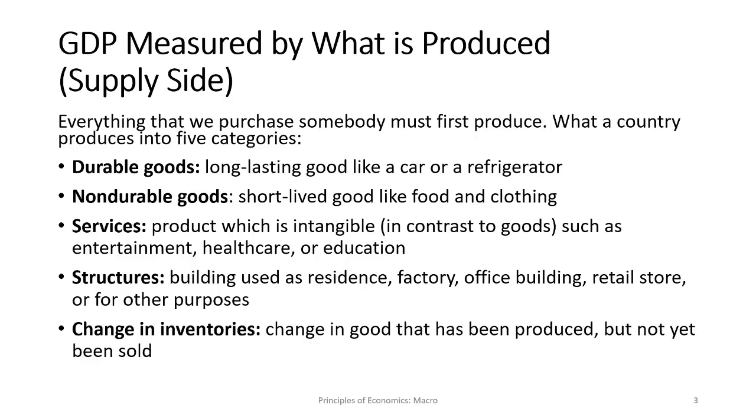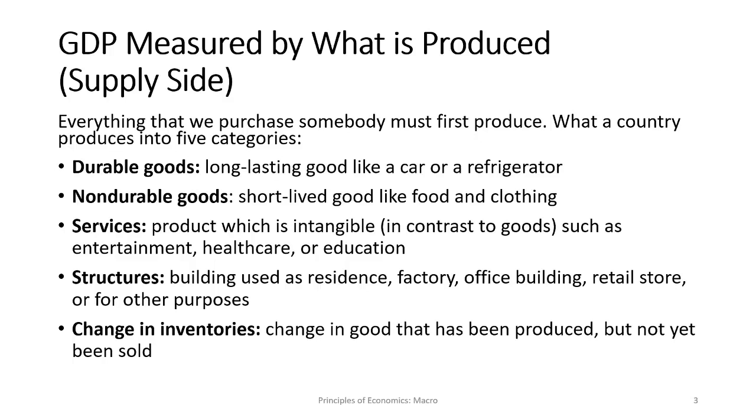And finally, there are changes in inventories. These are changes in goods that have been produced but not yet sold. You can imagine these are goods lying in factories or in stores which are yet to be sold. These are part of the change in inventory, because they are also a significant part of the economy.